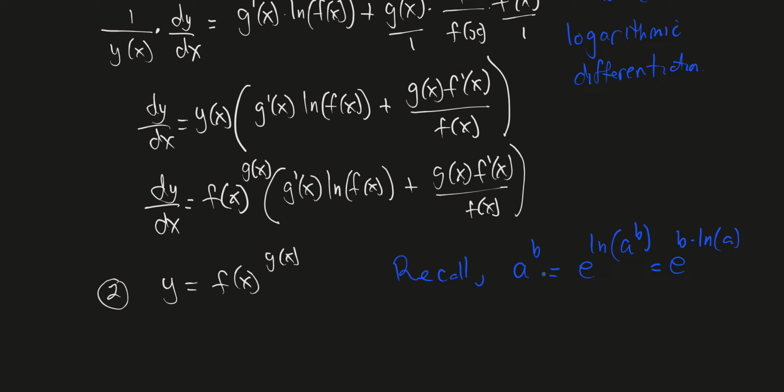We used this change of base formula when we were deriving the derivative for a to the x. We converted it to base e because base e is the easiest base in which to do calculus, right?